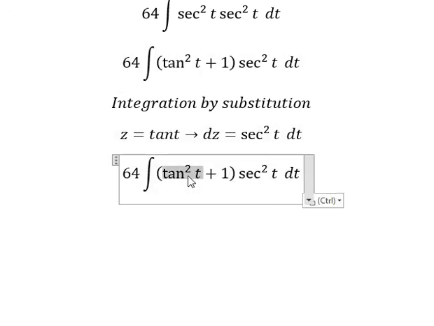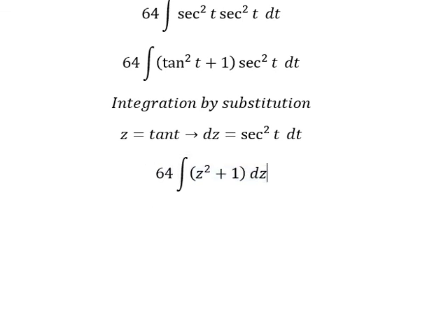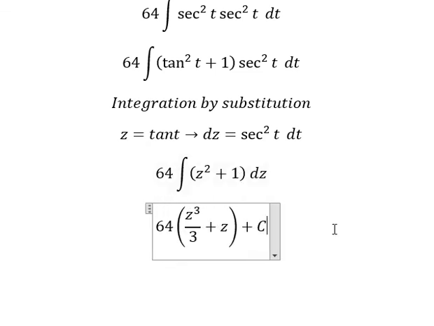This one you get z squared, and this one you get dz. And now the integration of z squared, you get z to the power of 3 over 3. Number 1, you get z, and we put c.